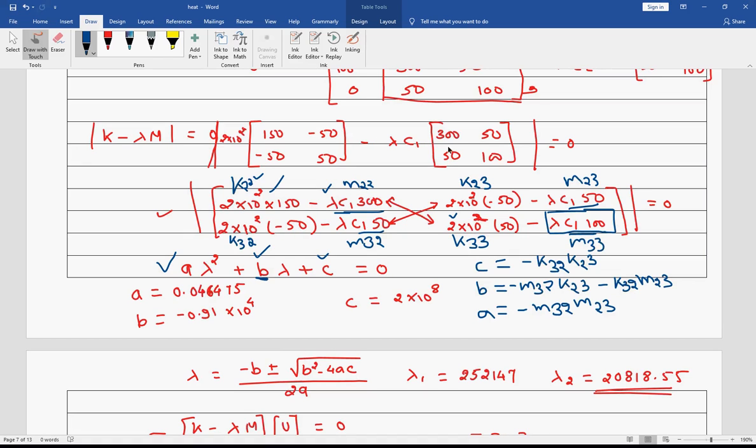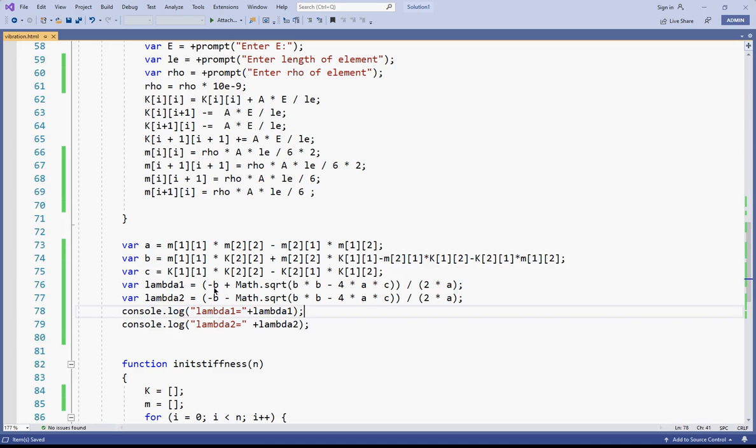So all m values, for k it's fine. K will automatically become minus, but for this lambda, all m values I have to take negative. So minus 300. All m values have to be negative because it is in the subtraction mode. So that is what I have to do.